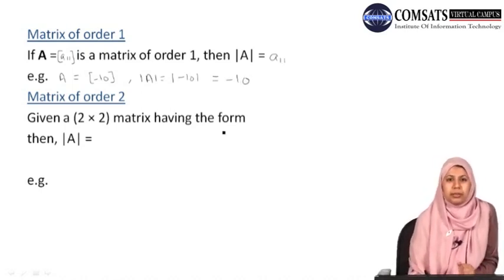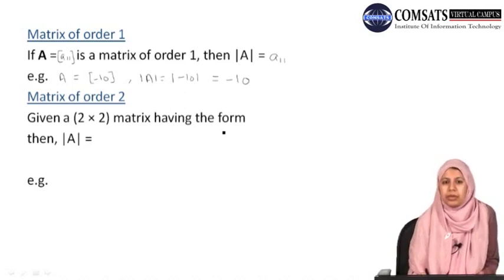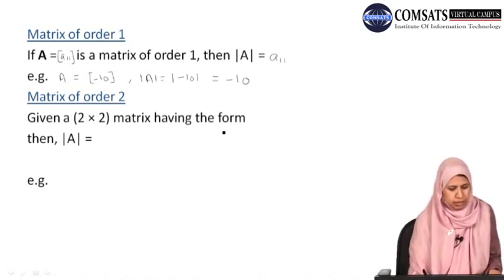So finding the determinant of matrices of order 1 is very easy, and just by looking at the matrix we can clearly say what the determinant is.